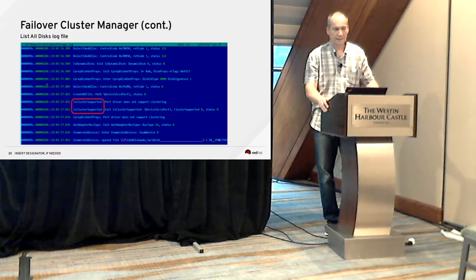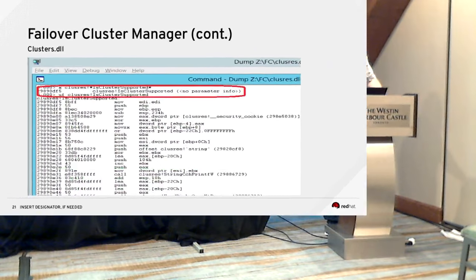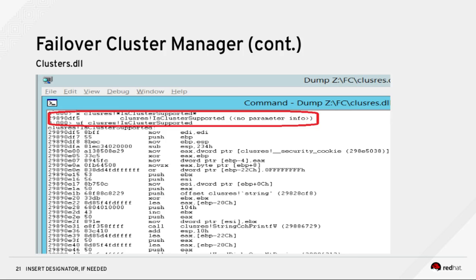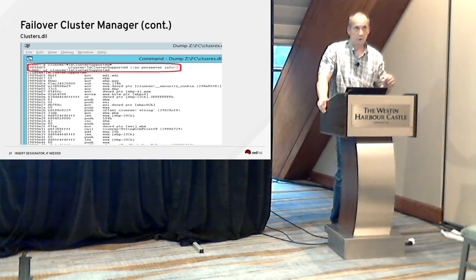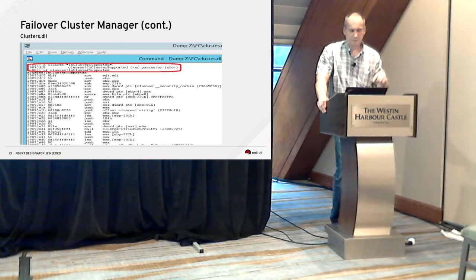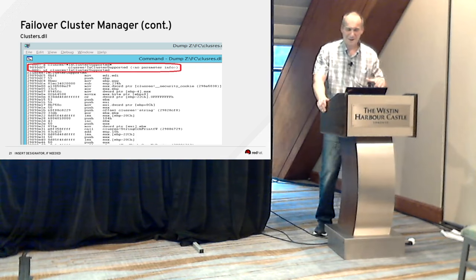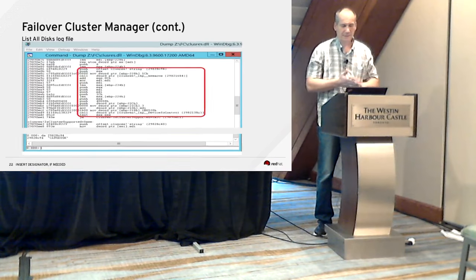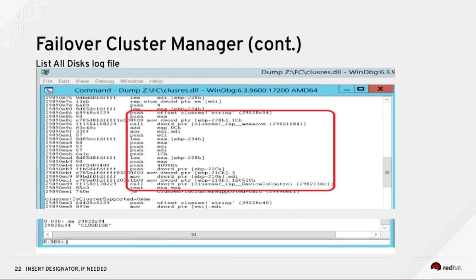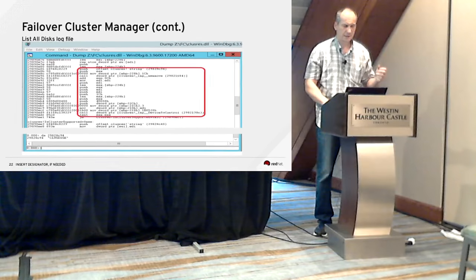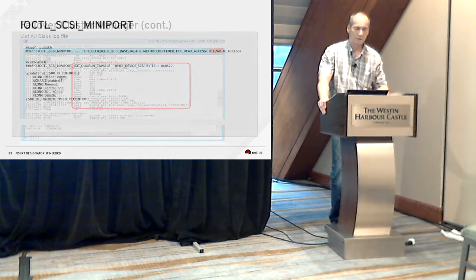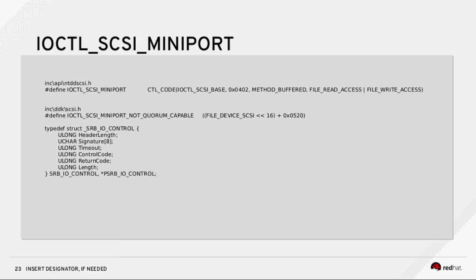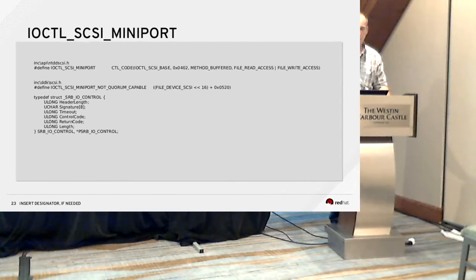We were trying to find it inside the binaries, and finally we found this function exported by the cluster DLL, and it was good, because by disassembling this function we managed to find one of the pieces that was missing. What Microsoft calls one special IOCTL: SCSI miniport not quorum capable.